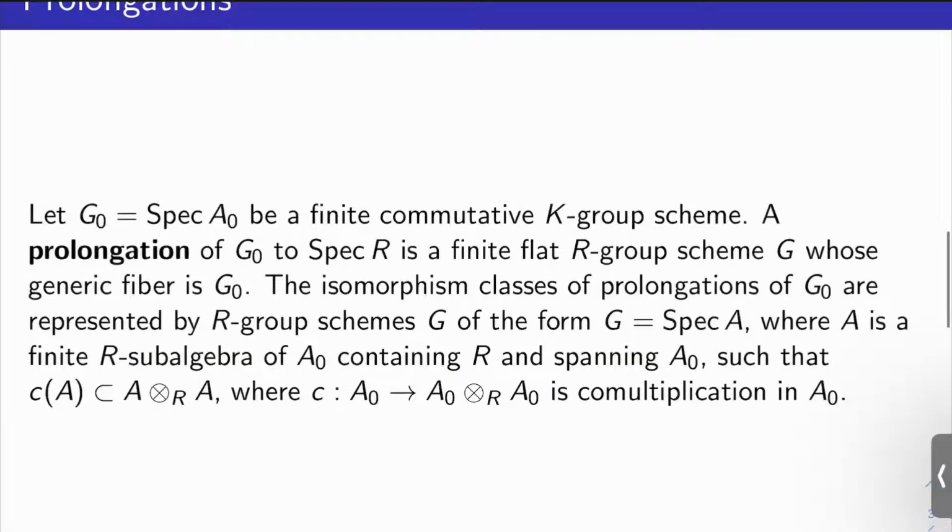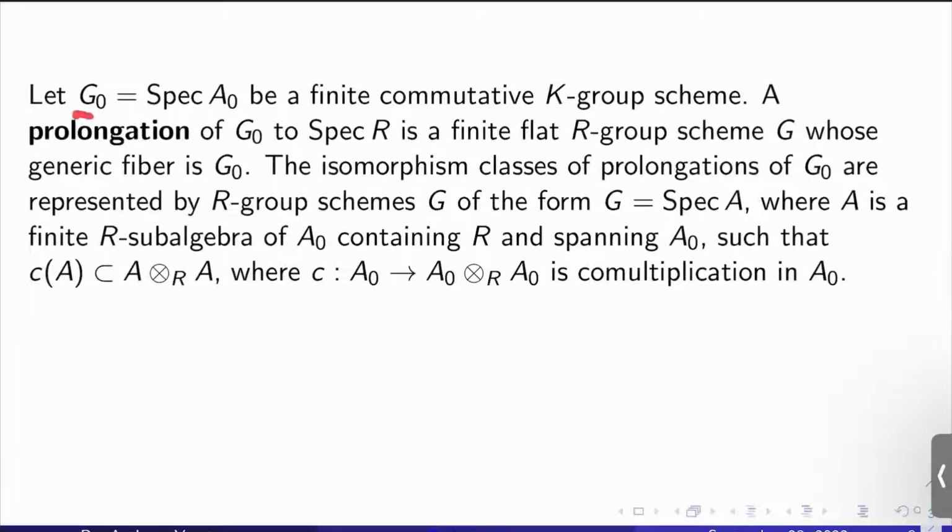So what's a prolongation? Well, let's let G0 equals spec of A0 be a finite commutative K group scheme. So we're a group scheme over the field of fractions of a DVR here, and we'll call that K. A prolongation of G0 to spec R, so I want to somehow bump up G0 from a K group scheme to an R group scheme in some sense. What is this? This is a finite flat R group scheme G, whose generic fiber is G0, the given scheme.